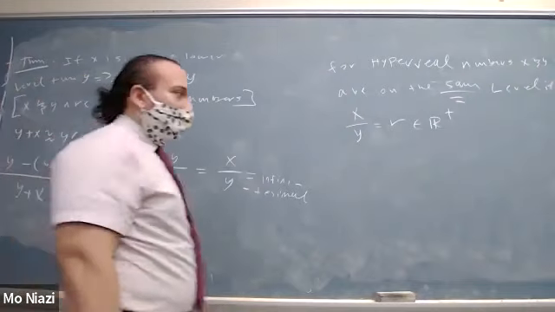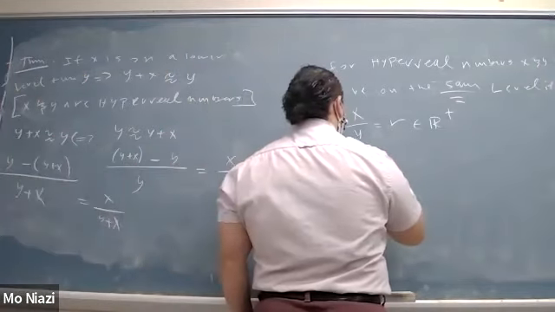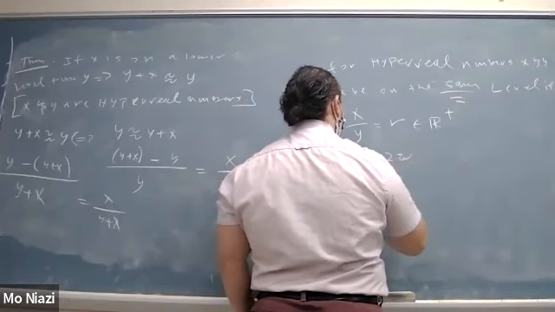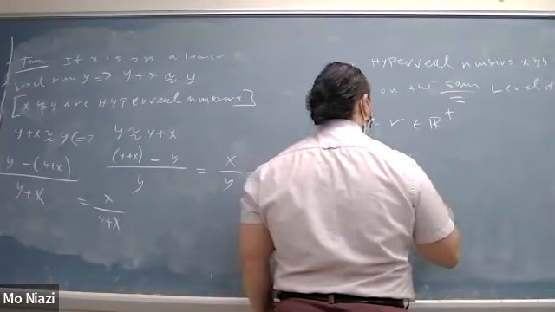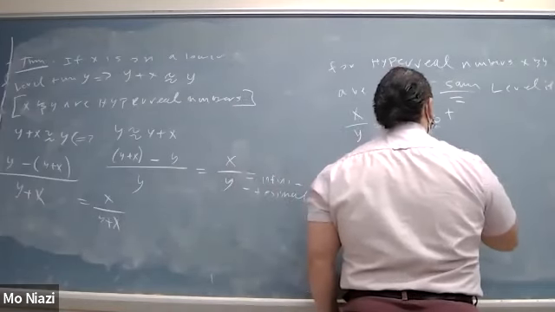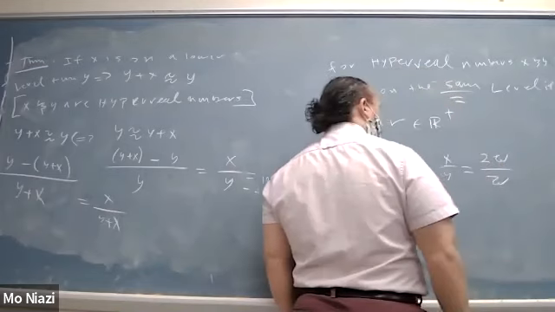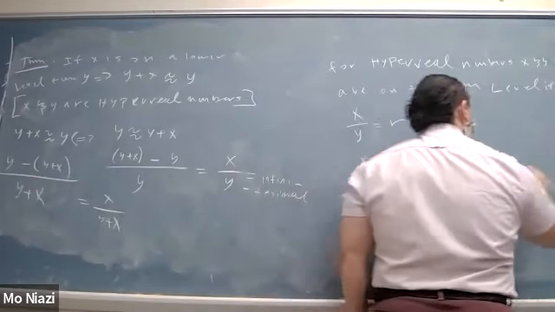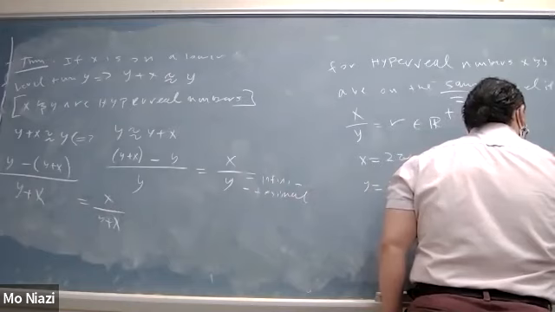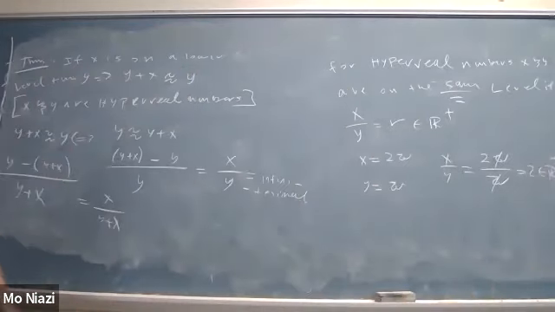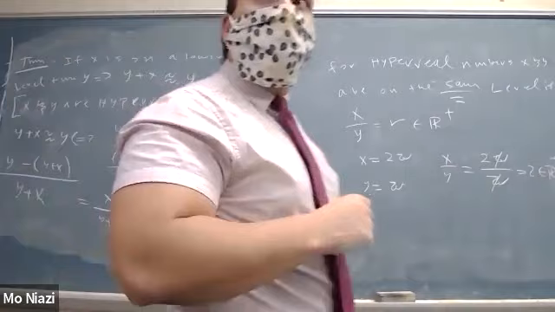So remember when we did that example, we said, what if x is equal to 2 omega and y is equal to omega? We took their ratio, x over y would give me 2 omega over omega. Notice omegas cancel and you get a 2. 2 is an element of the positive reals, which means that 2 omega and omega are on the same level because their ratio equals a positive real number.